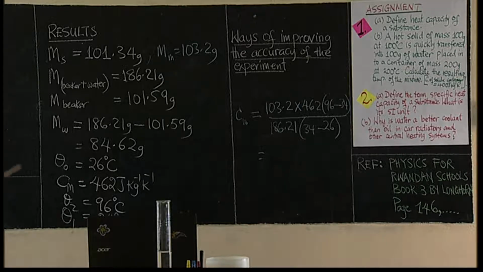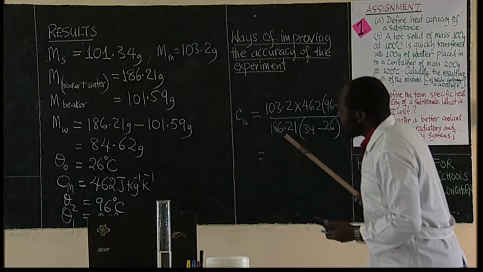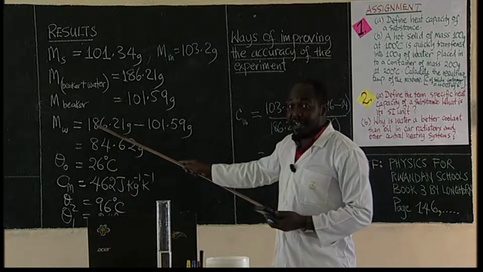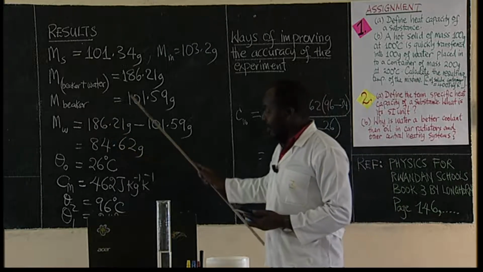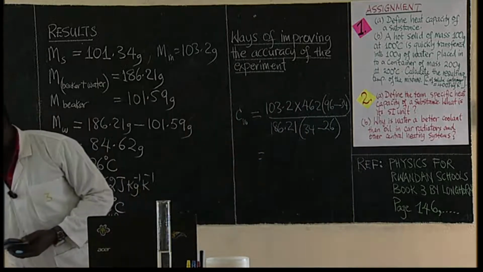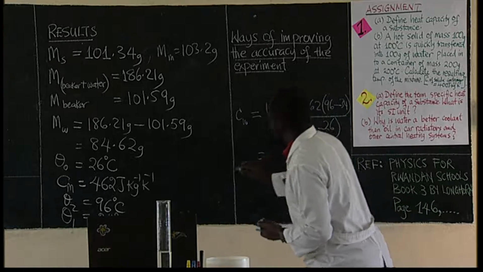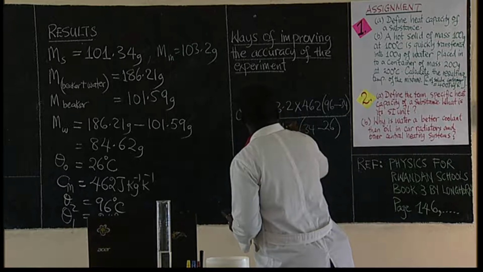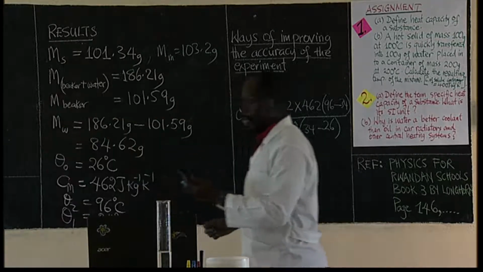Down we have mass of water. Oh, sorry. What I did is I just took the first one. I should have taken the final value. Okay? Thank you. We realized that. So I'm going to remove this. It is not 186.21. Sorry for that. It is 84.62.